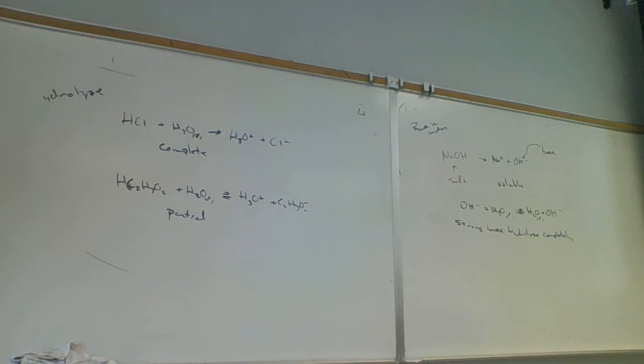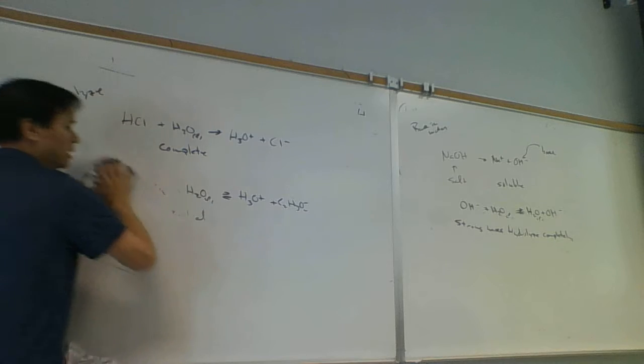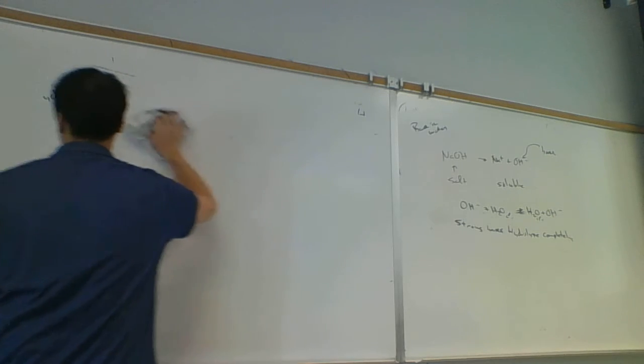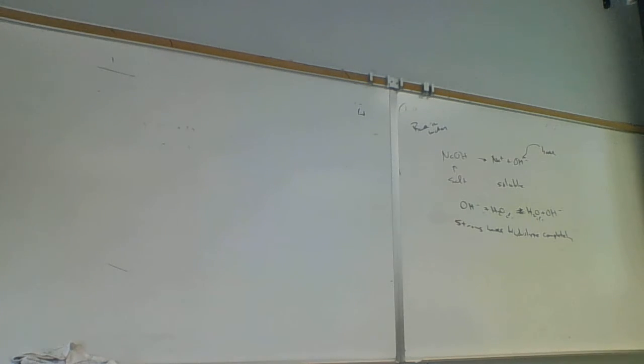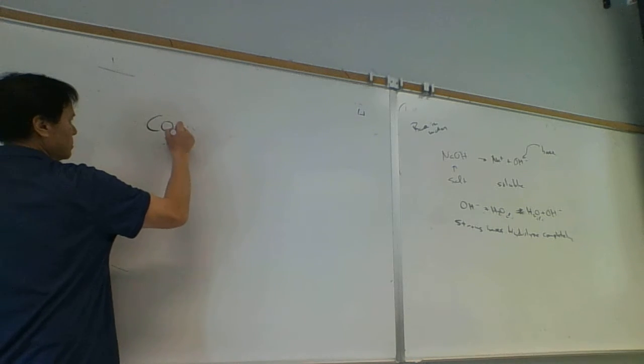How about a weak base? A weak base does not hydrolyze completely. Let's compare sodium hydroxide with sodium carbonate. Sodium carbonate would be a weak base. First thing is it's a soluble salt, so this is going to form 2 sodium ions and 1 carbonate ion. The carbonate is the base. So what do bases do? Is it a strong base or a weak base? It's a weak base.